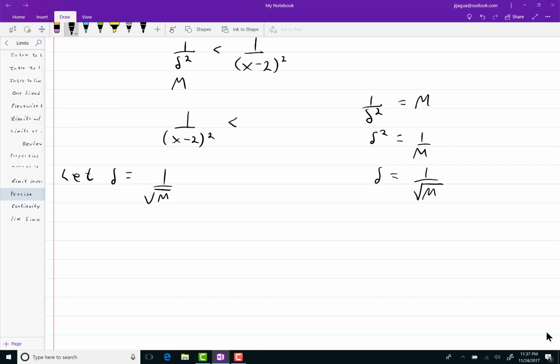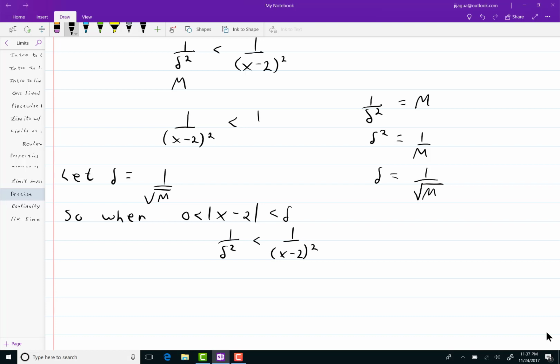Okay. So when 0 is less than the absolute value of x minus 2 is less than delta, then as we had before, 1 over delta squared is less than 1 over (x minus 2) squared.